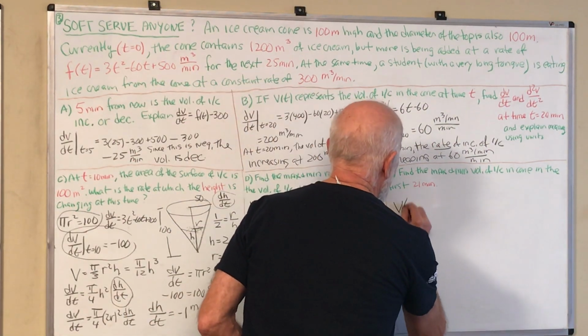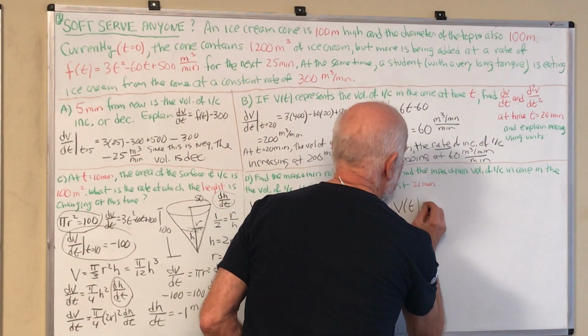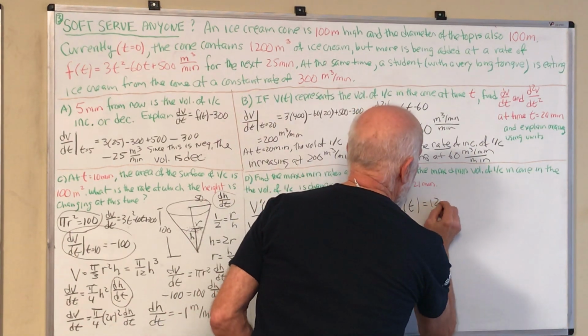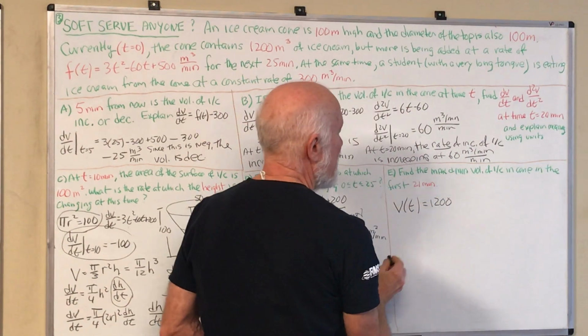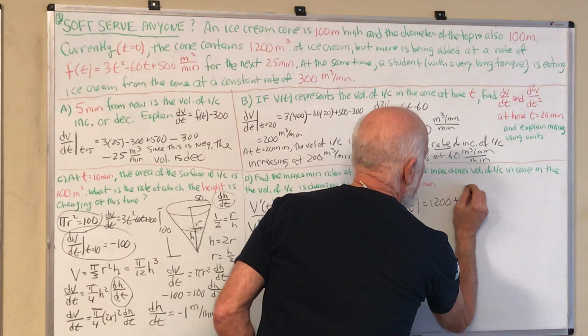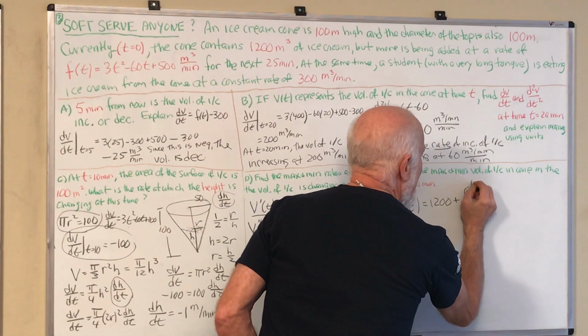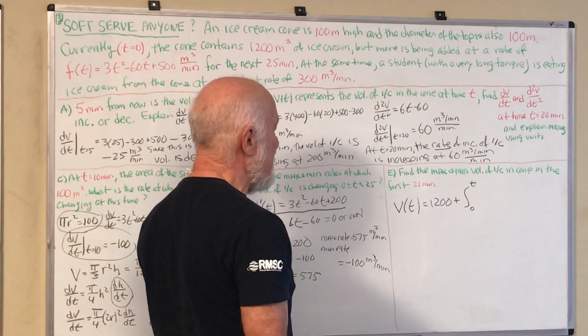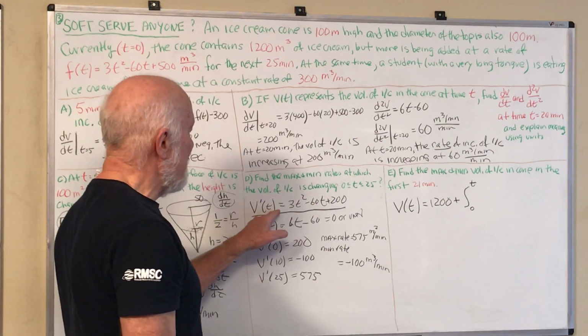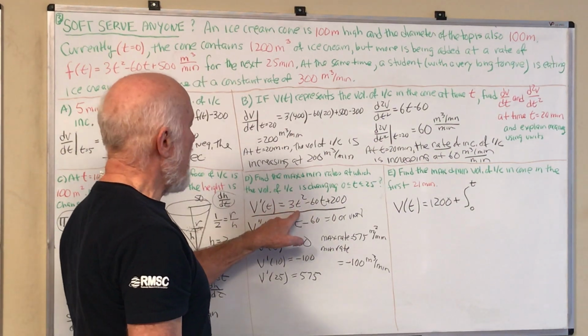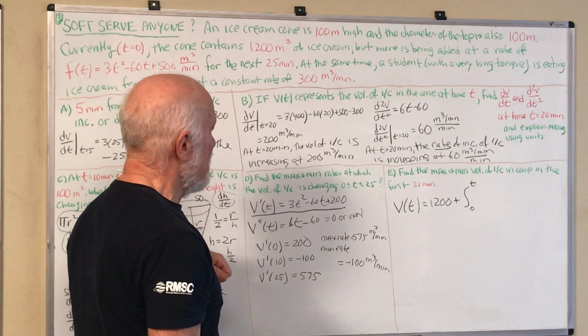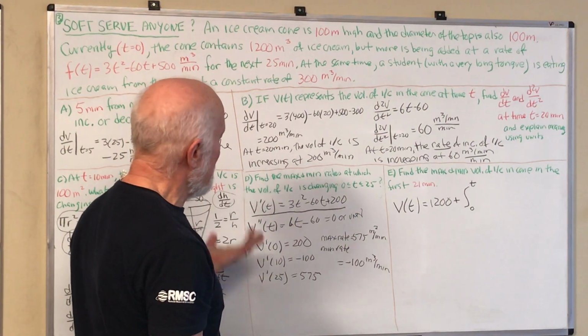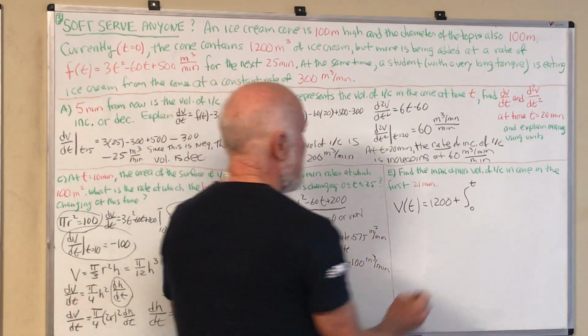What is the volume of ice cream at time t? Well, we started out with 1,200 cubic meters, and then we're going to add from time 0 to time t the rate of change of the ice cream. Well, that is v prime of t. So I can just put in v prime of t at this point.